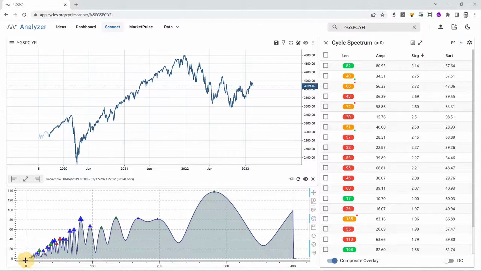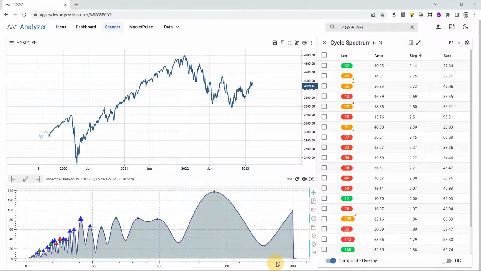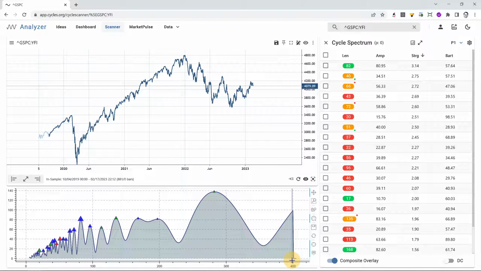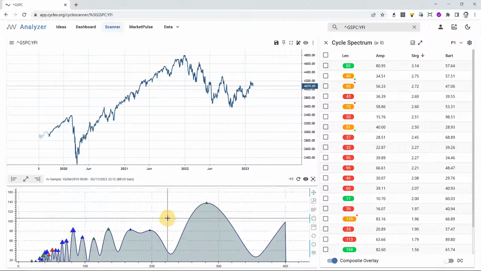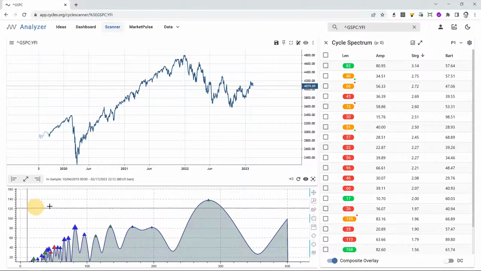What we see on the x-axis is the cycle length, so up to a cycle length of 400 is scanned here. The y-axis gives us the amplitude which has been detected for the respective cycle lengths which have been tested. So the cycle scanner scans all possible cycles in this data set, and then plots out the amplitude.